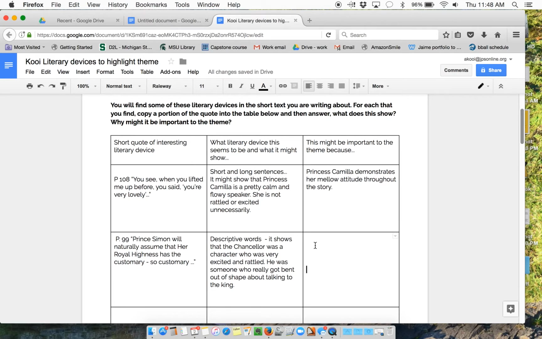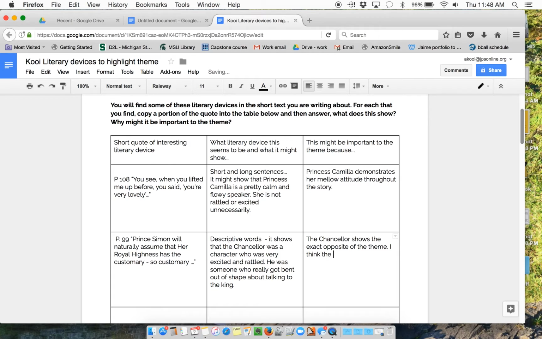Then over here I want to think, why might this be important to the theme? Why is it important that the Chancellor is kind of bent out of shape? Well, he is a non-example of the theme that I wanted to show, to be mellow and trust that things will work out. And so I'm going to put that the Chancellor shows the exact opposite of the theme.